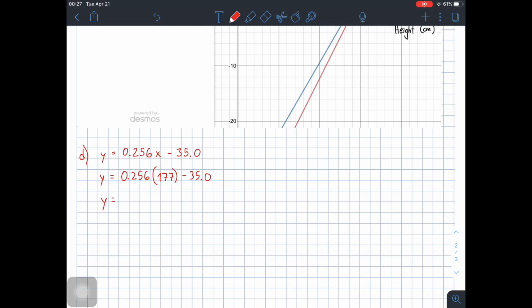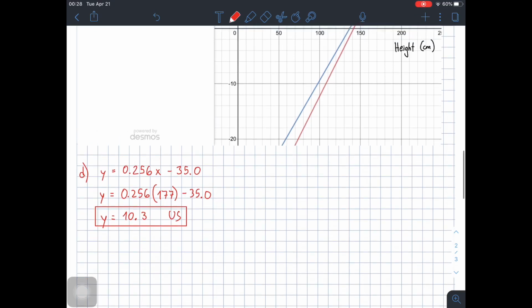And by solving this using a calculator, we would get 10.3. This is rounded to 1 decimal place. So this is a US shoe size, okay? So that's the predicted shoe size for someone who is 177 centimeters tall.